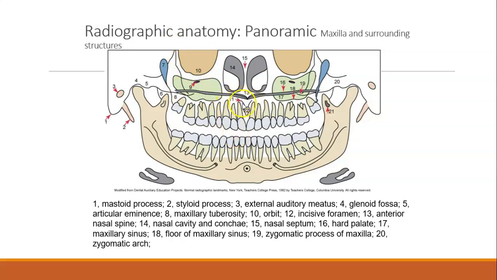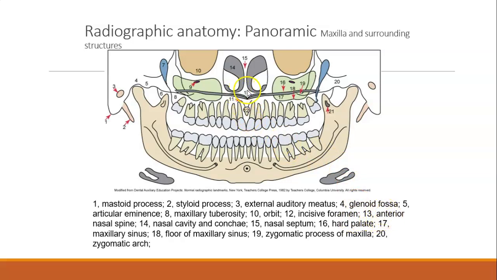We don't have 11 there. 11, incisive canal, I believe, is what 11 is. 12, incisive foramen. So there's an opening here. That's the incisive foramen. That's where you give your nasopalatine injection.